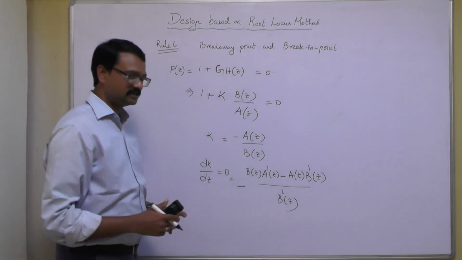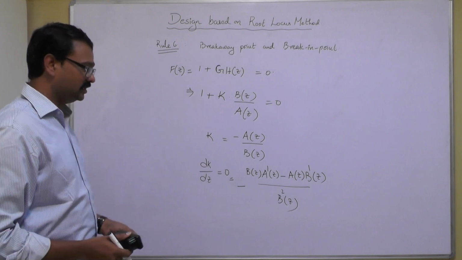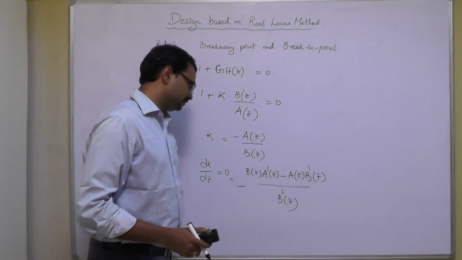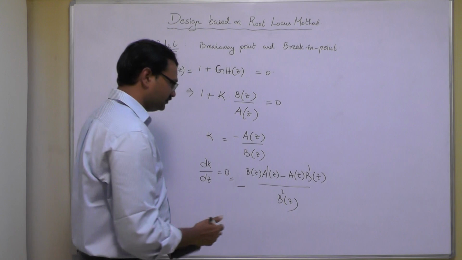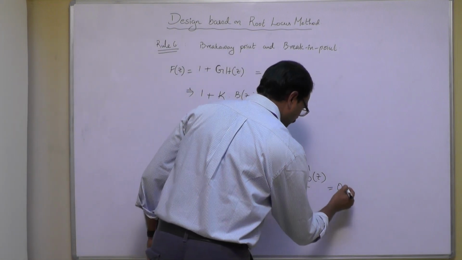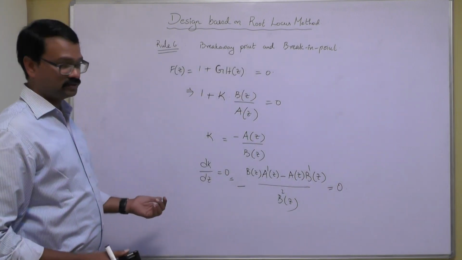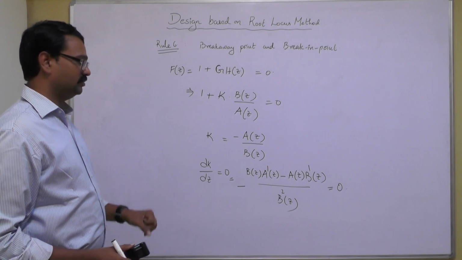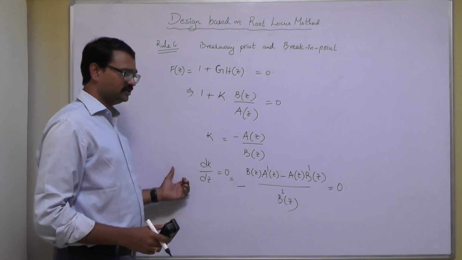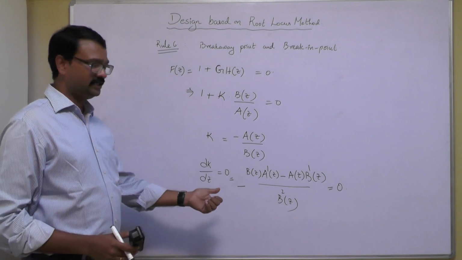Here a dash or b dash is d by dz of a of z, or d by dz of b of z. Now if I equate this to 0, I get some values of z, because k is eliminated from this. Those values can be obtained.